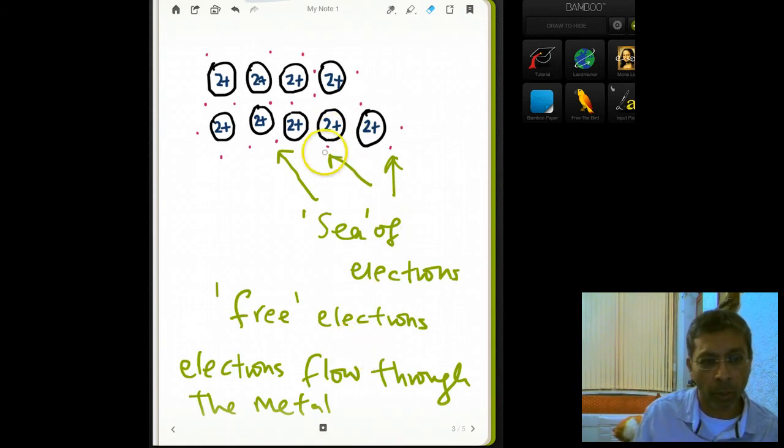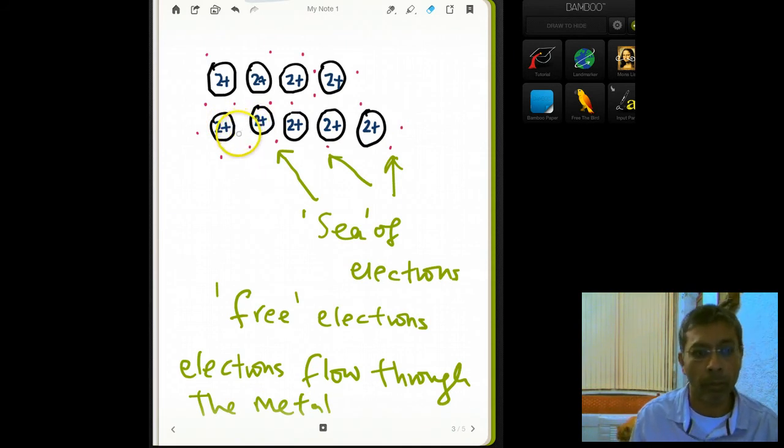Now if you've got twice as many electrons in your metal, then there's going to be a greater charge, a greater flow of electrons through the metal. Therefore this metal would conduct better than, for example, sodium or the group 1 element would.